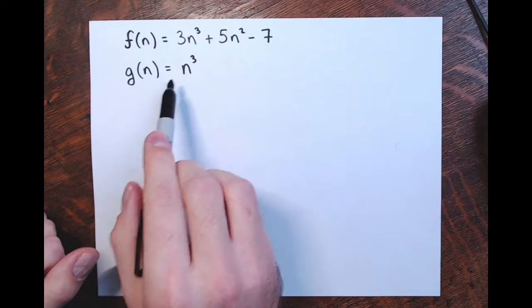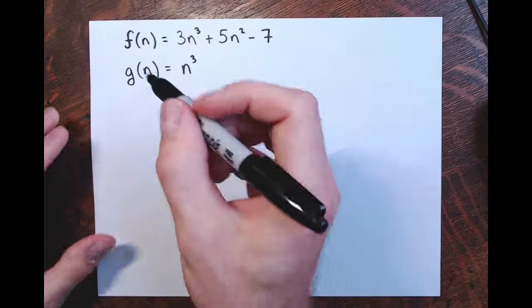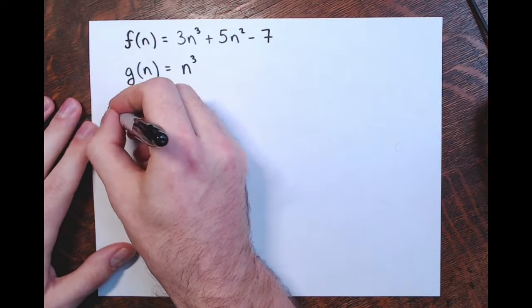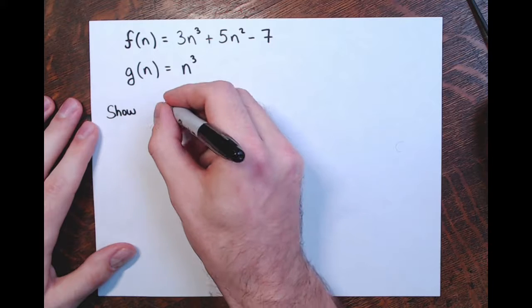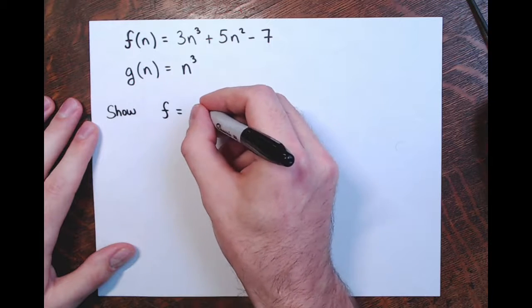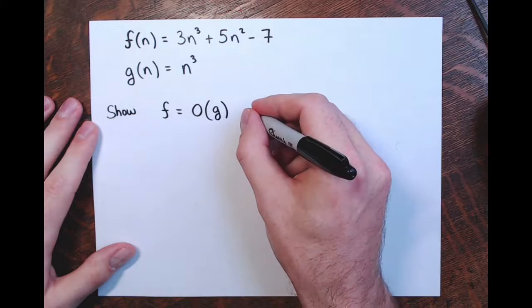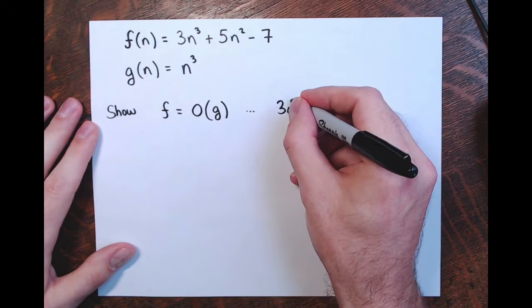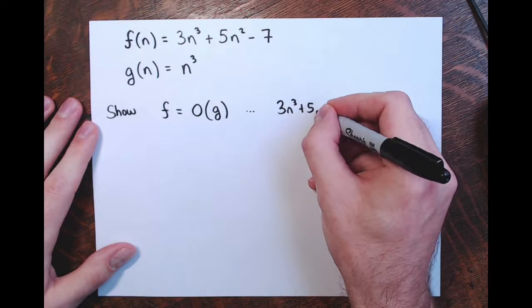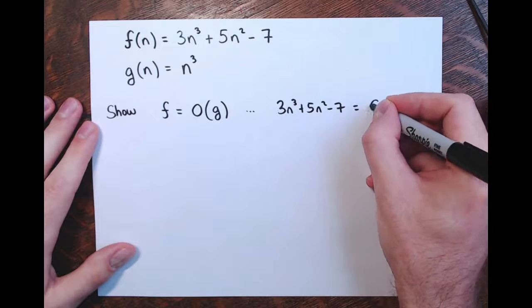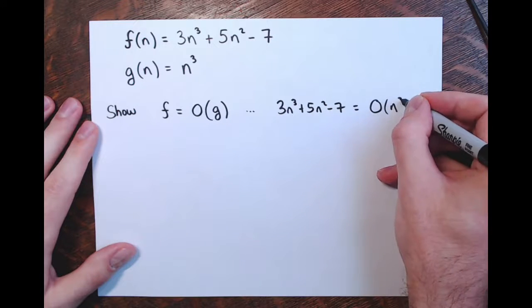G of n is n cubed. We're trying to prove that f is O of g, or in other words, show that 3n cubed plus 5n squared minus 7 is O of n cubed.